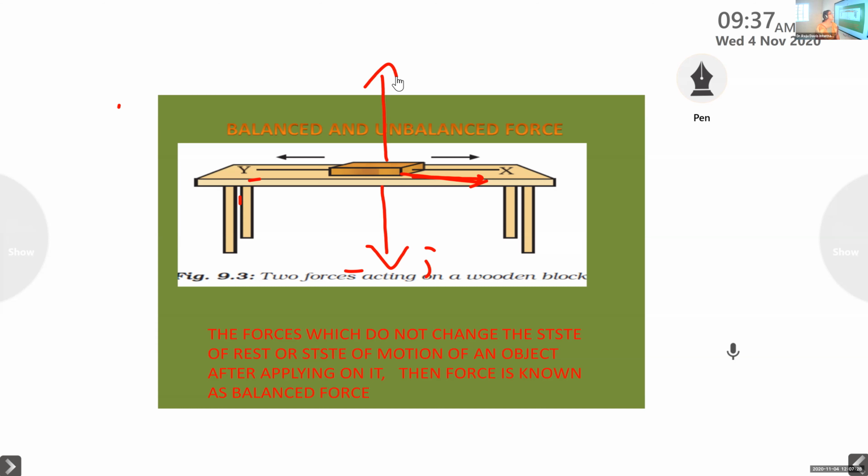That means when the gravitational force acts on the object, there is a counter by Newton's third law. What is Newton's third law? Every action has an equal and opposite reaction.